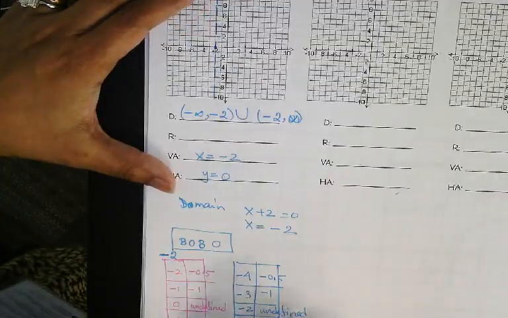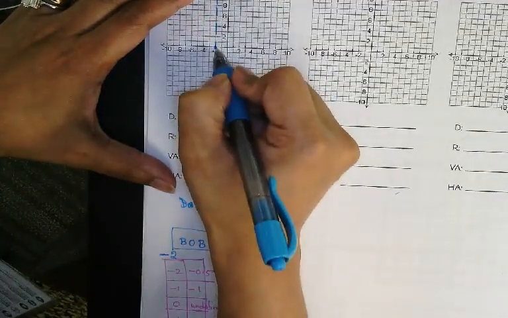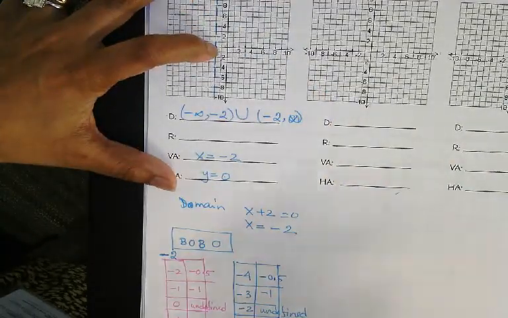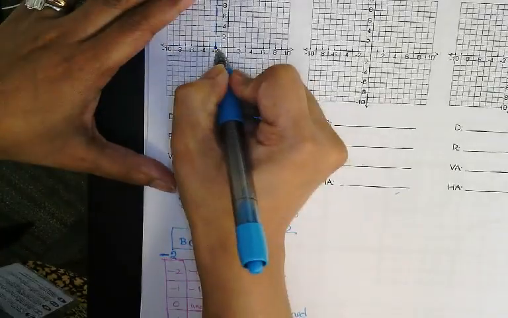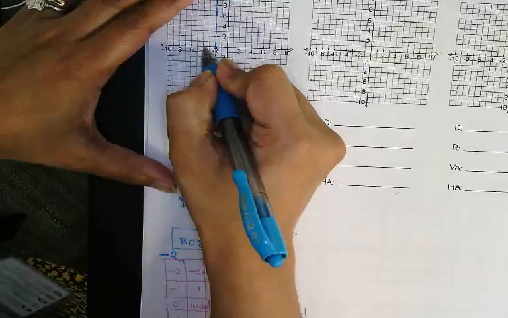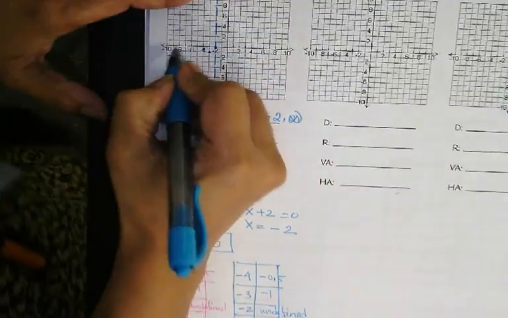I have -2 undefined, of course. That's the -2 undefined point. -3, -1. -4, -0.5. So that's going to be one of my graphs.